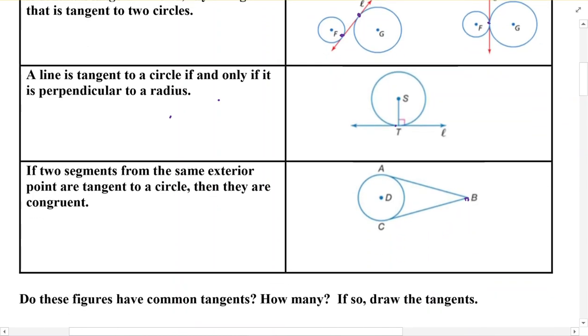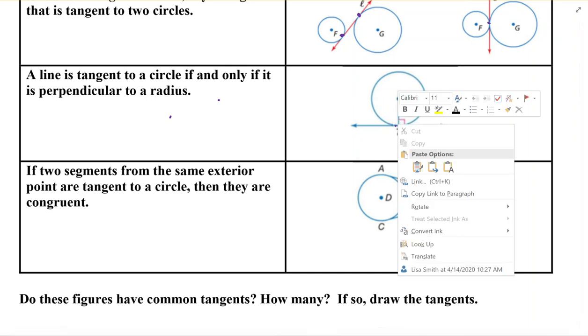The next one, we can tell if a line is tangent to a circle if and only if it's perpendicular to the radius at the point where it intersects the circle.